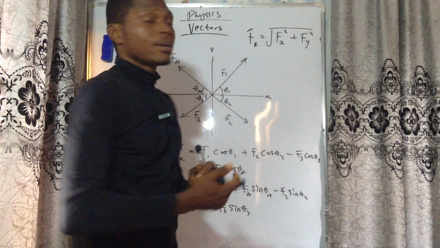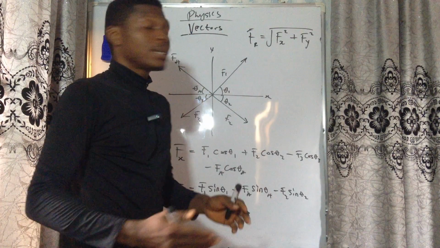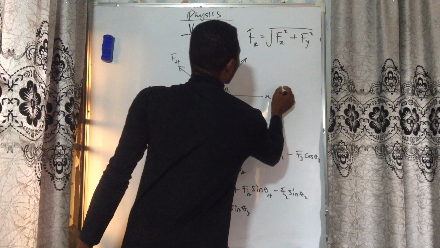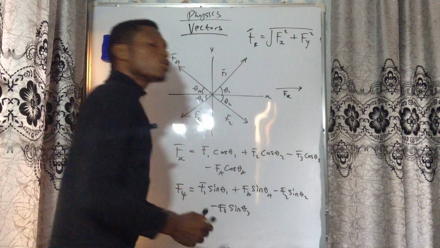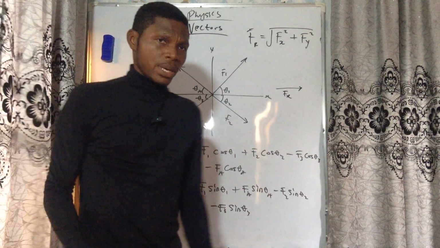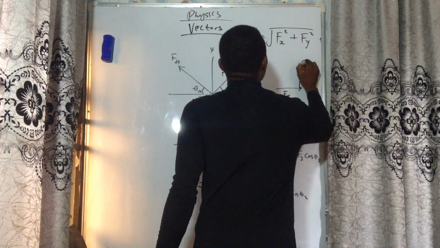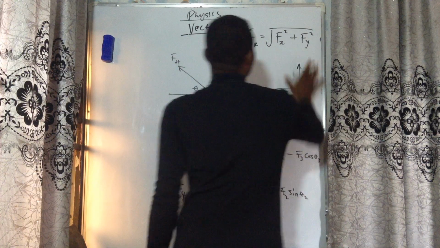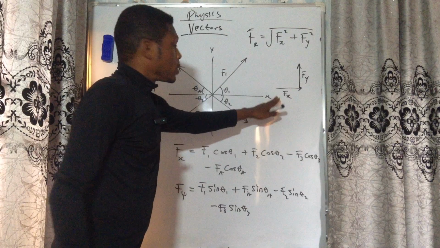How come this formula? You know that you summed all the horizontal components. Let's say the sum gave us a vector like this. This is the vector Fx. Now you summed all the vertical components. Now let's say the sum reduces to a vector Fy, like this. Remember, the resultant is this vector going like this.